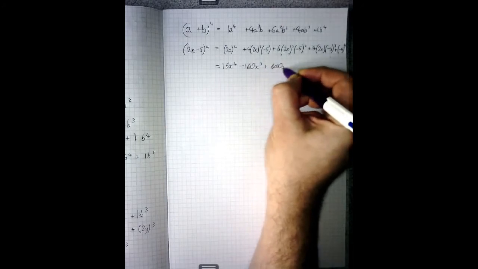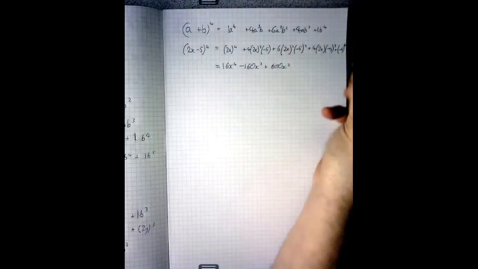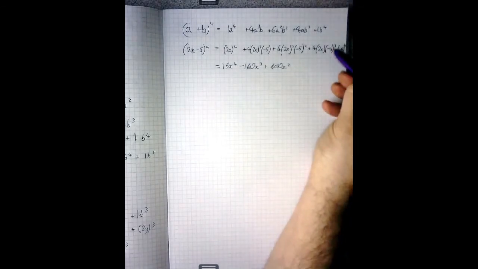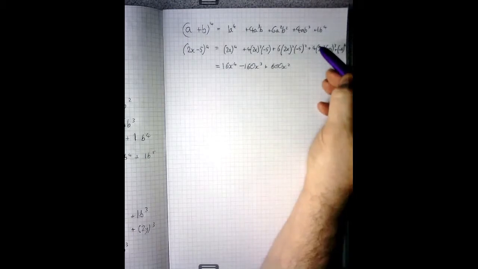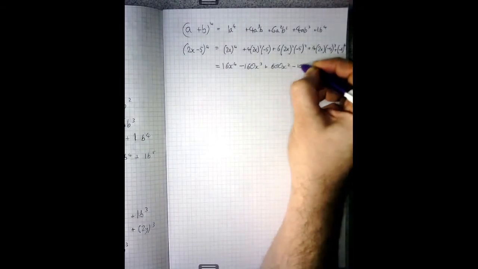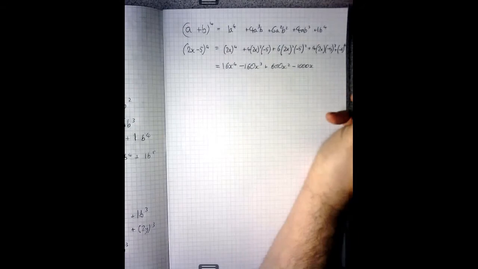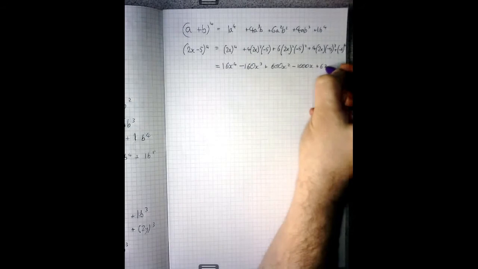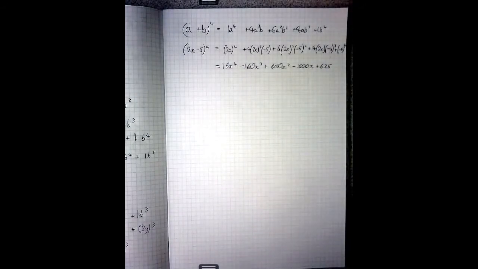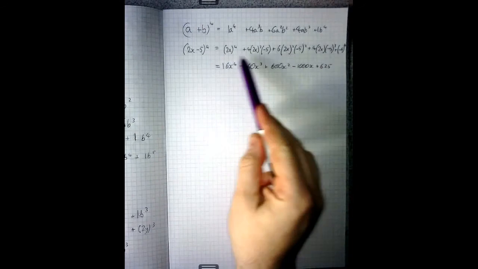So plus 600x². Negative again because my −5 will be cubed, so it's going to be 5³, that's 125. 125 times 4, that's 500. Times 2 is 1000, so −1000x. And then (−5)⁴ is positive 625. So again, as long as I use brackets appropriately, the maths is the same. Just do need to be careful about those negatives.